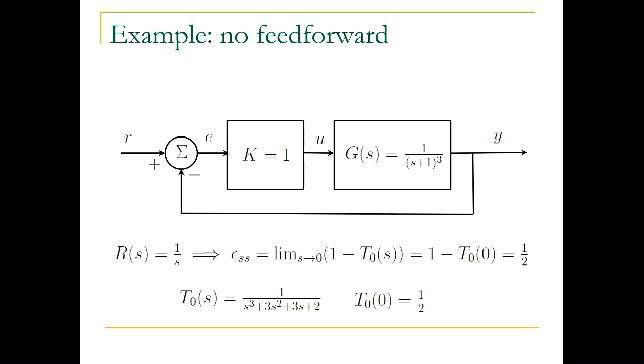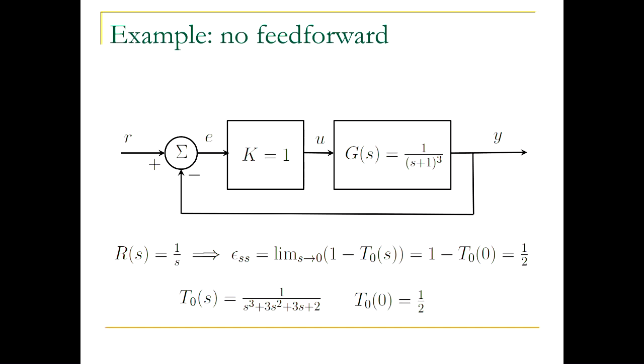If we now apply this method to this example, I apply step input, so R of S is 1 over S. I apply my final value theorem, and I get this. So in this case, steady state error is 1/2. But if I calculate what T0 at 0 is, it's 1/2.